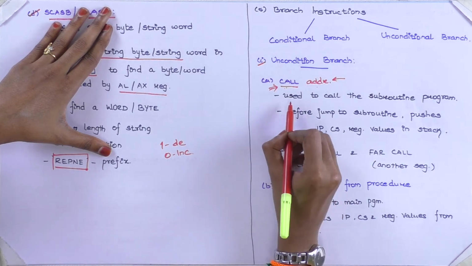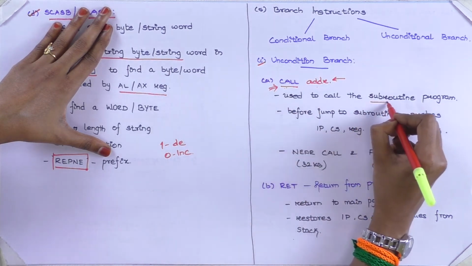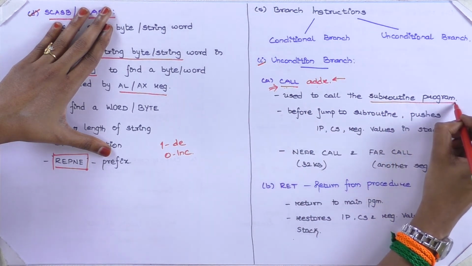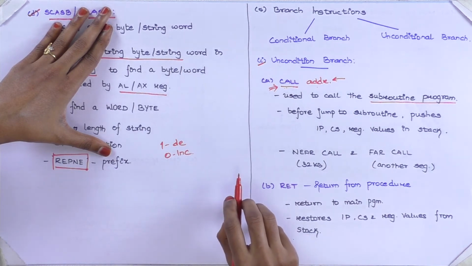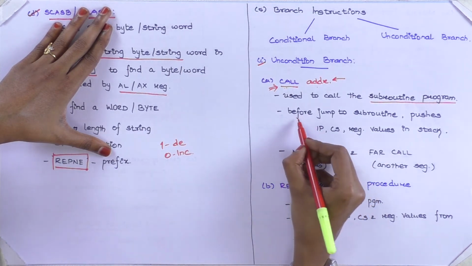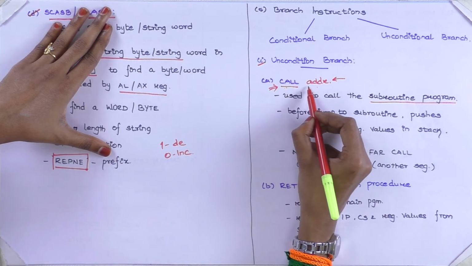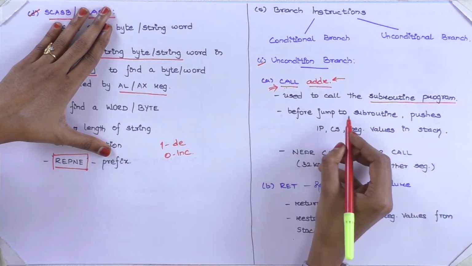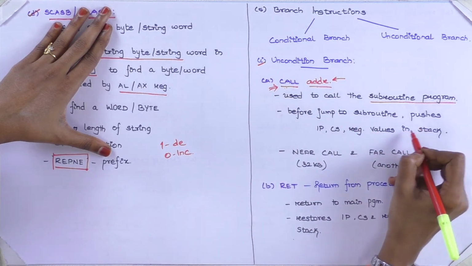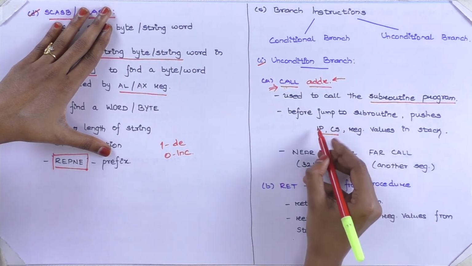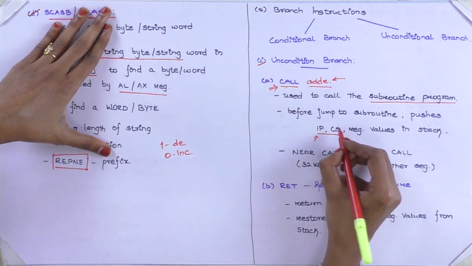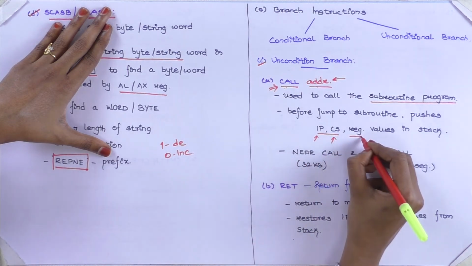These instructions are used when you want to execute a subroutine program. Okay. So before the processor jumps to this location, the status of the IP, that is the instruction pointer, the code segment, then your register values are to be stored in the stack. Fine. So this we have seen already.